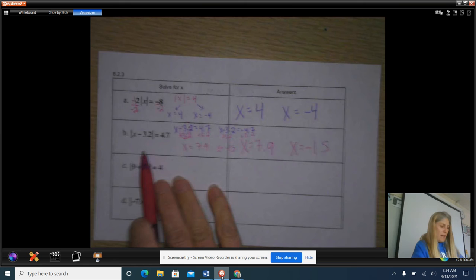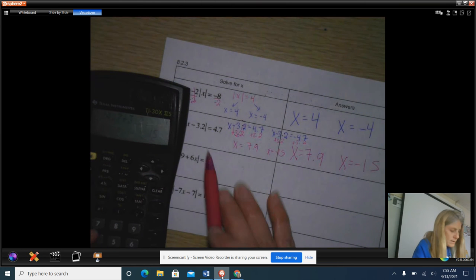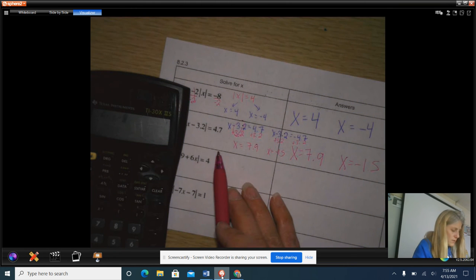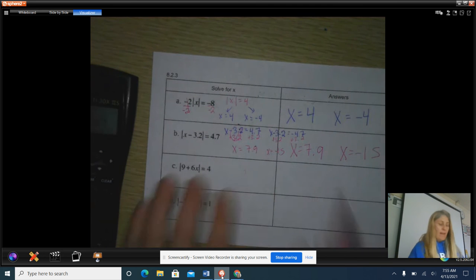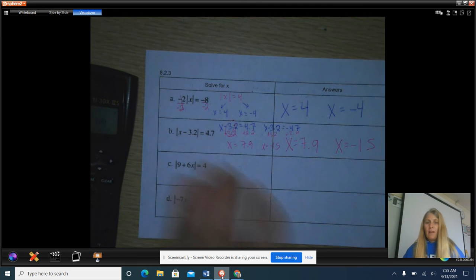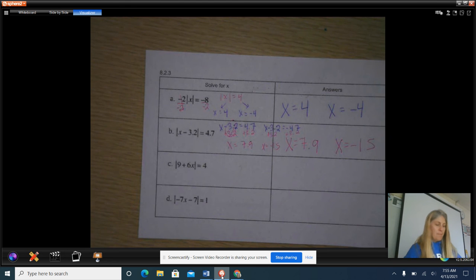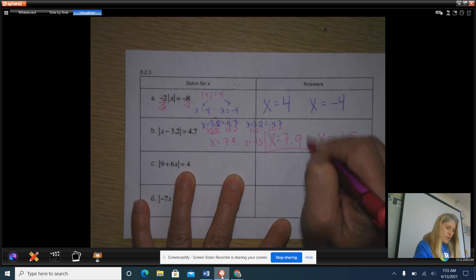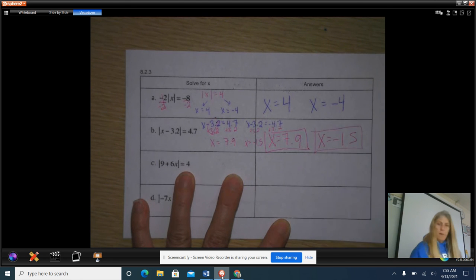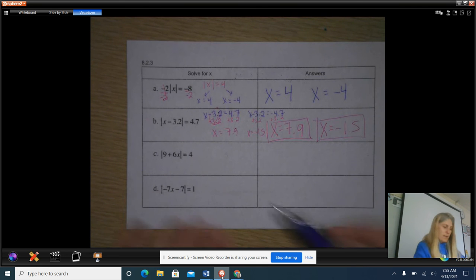And so when I put that in my calculator, -1.5 minus 3.2, that's -4.7, and the absolute value of -4.7 is 4.7 places away from 0 on a number line. Okay, so those are my two answers for that. Now remember, each of these equations, for the most part, will have two answers. Okay, we're just going to go ahead and continue this same way.